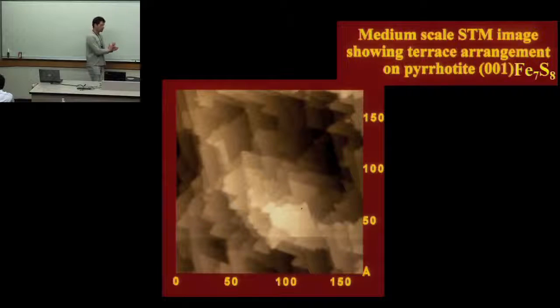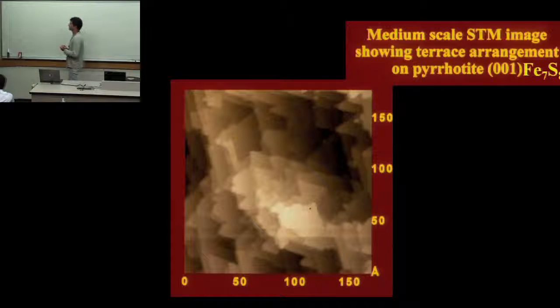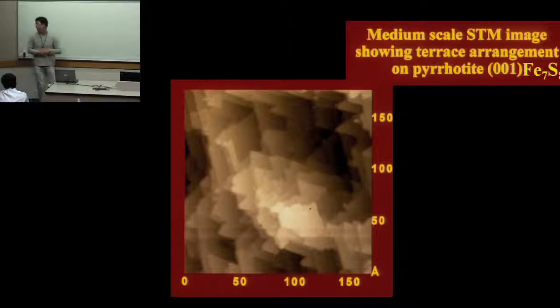And then we switch to the experimental nanoscale. What do some of the minerals look like? So we use an STM. Some of you may not know what it is. Essentially, you scan a tip over the sample. You have a certain bias voltage between the tip and the sample.